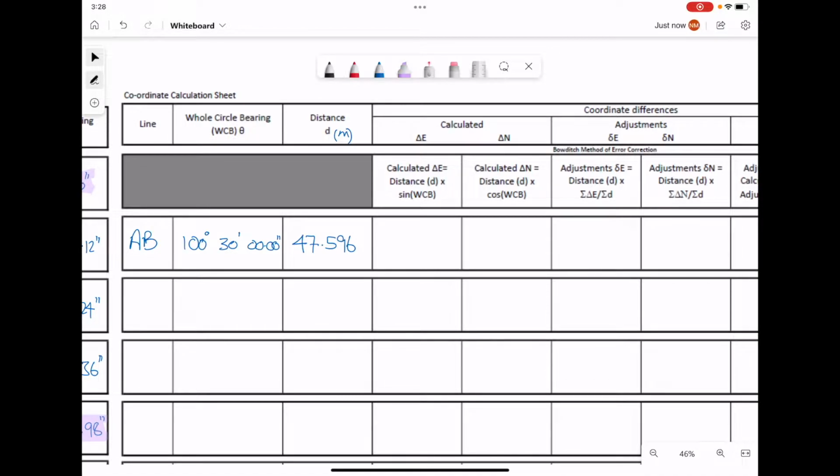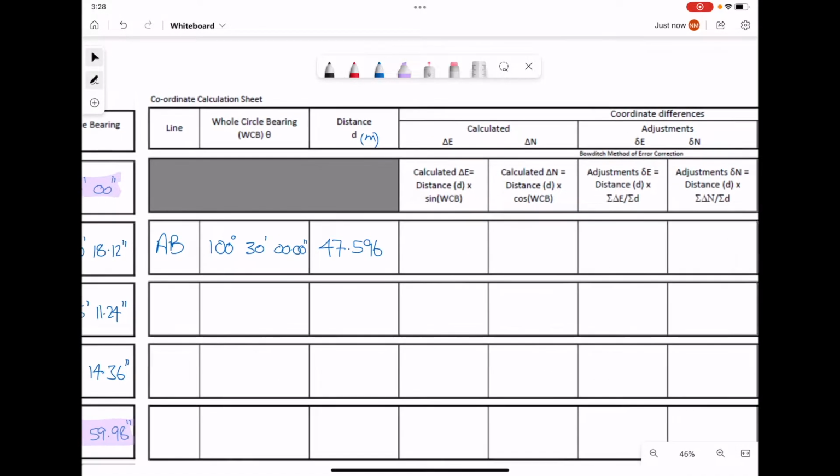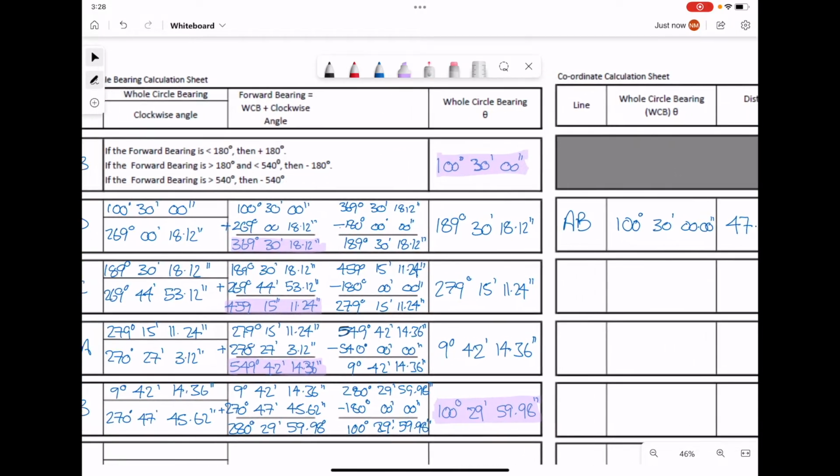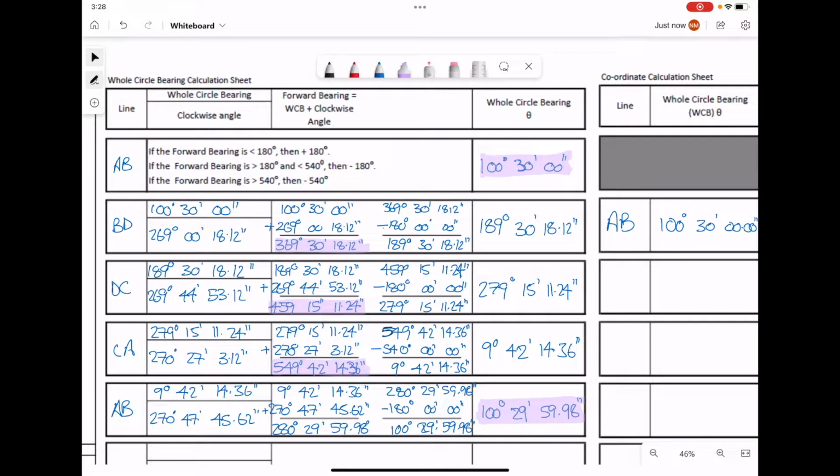The next part in the traverse, we have line BD. The whole circle bearing is 189 degrees, 30 minutes, 18.12 seconds.